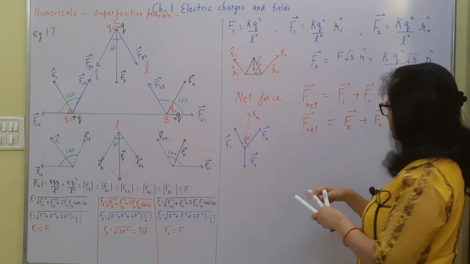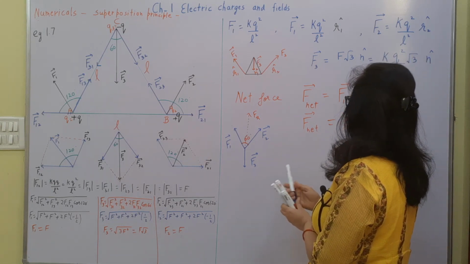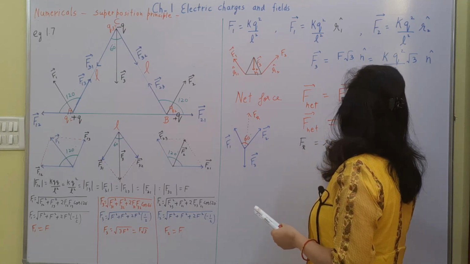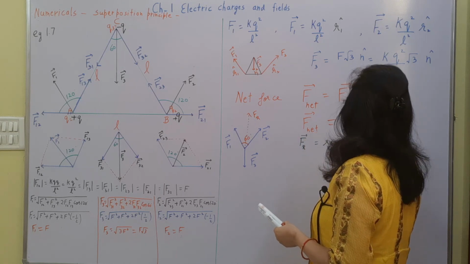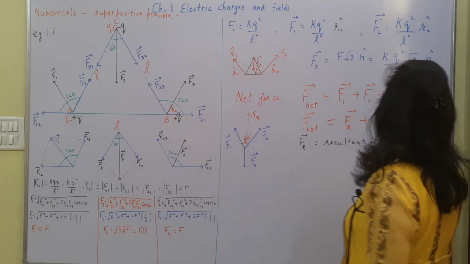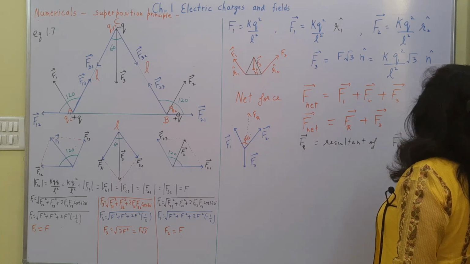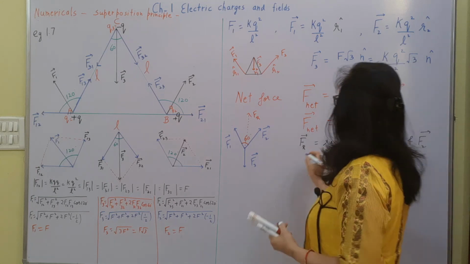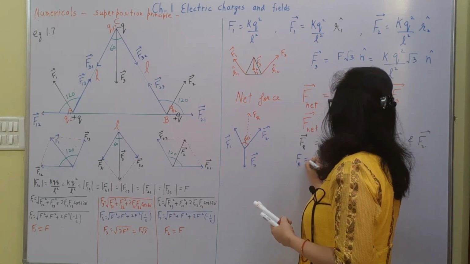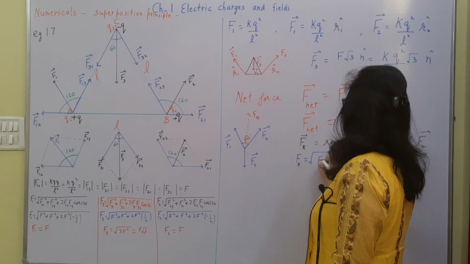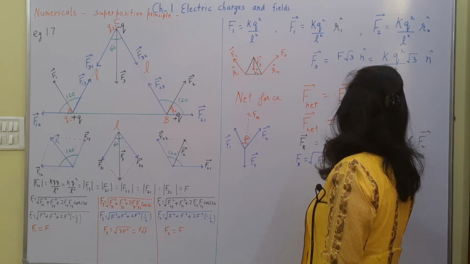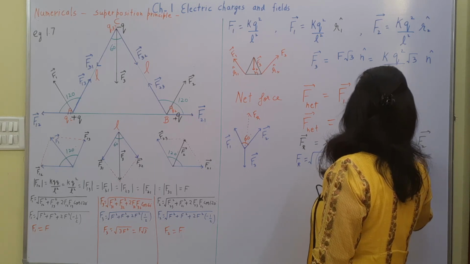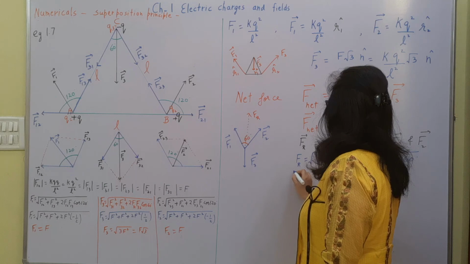Now Fr can be written as the resultant of F1 vector and F2 vector. So magnitude of this Fr can be written as under root of F1 square plus F2 square plus 2 F1 F2 cos of 60 degree.